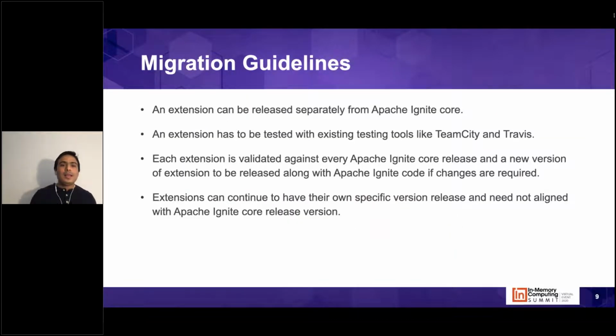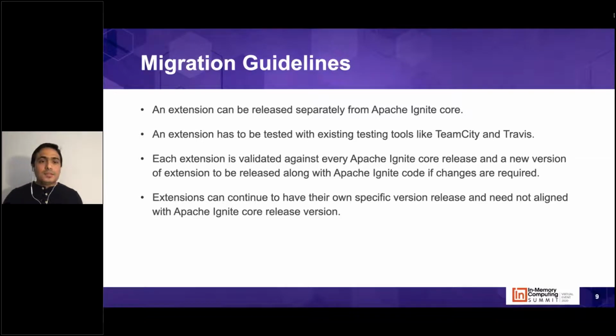So what migration guidelines did we follow through that process? As I said earlier, each extension can be released separately from Apache Ignite core. An extension has to be tested with the existing tools like TeamCity or Travis, so we should be using the same set of tools that we have been using to release Apache Ignite.